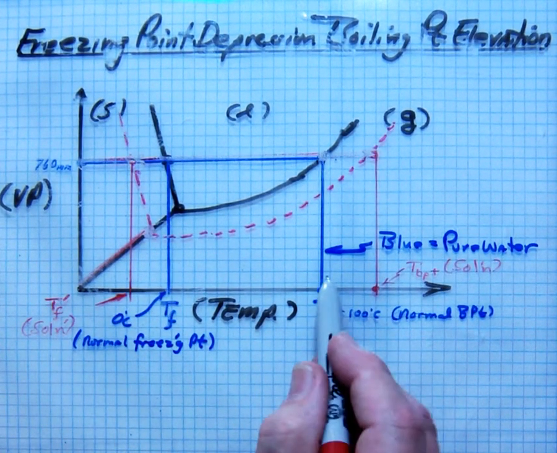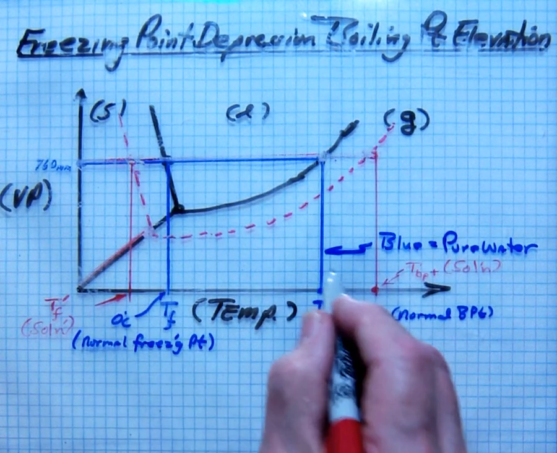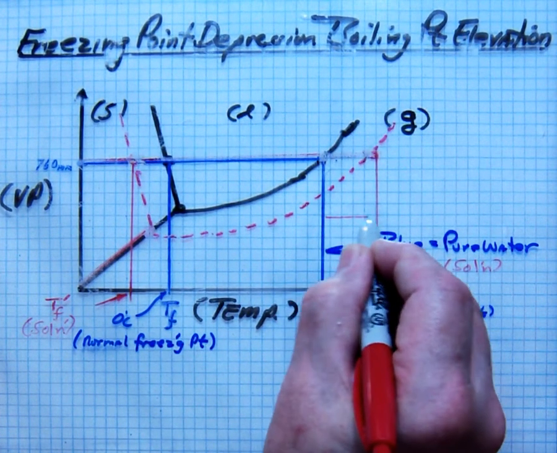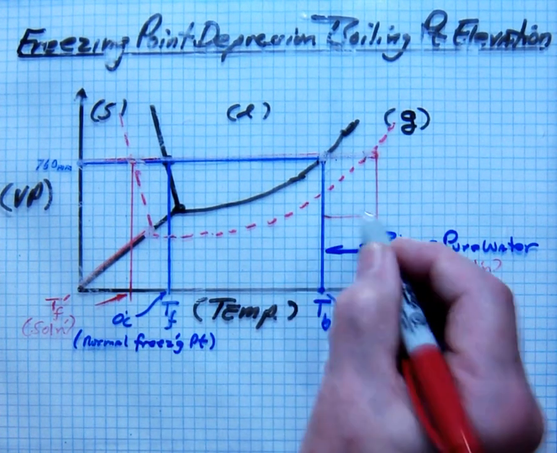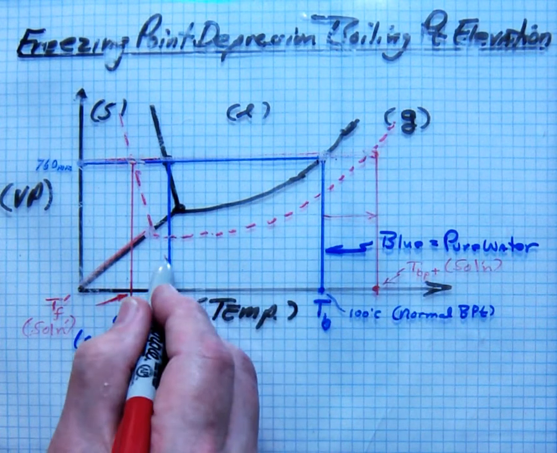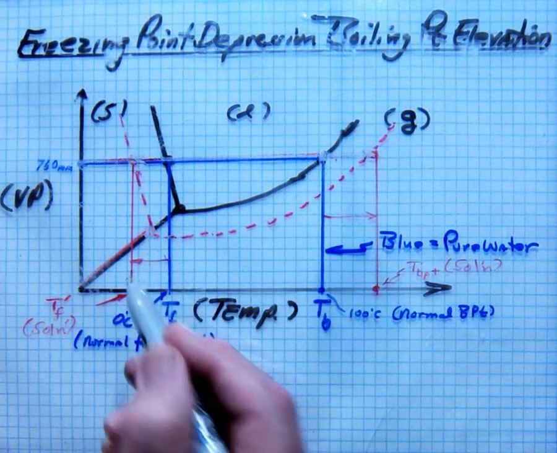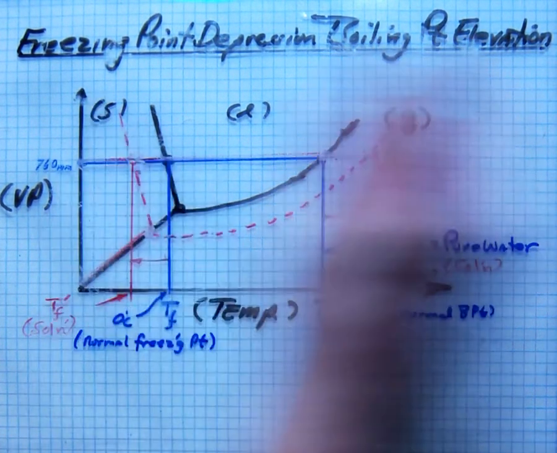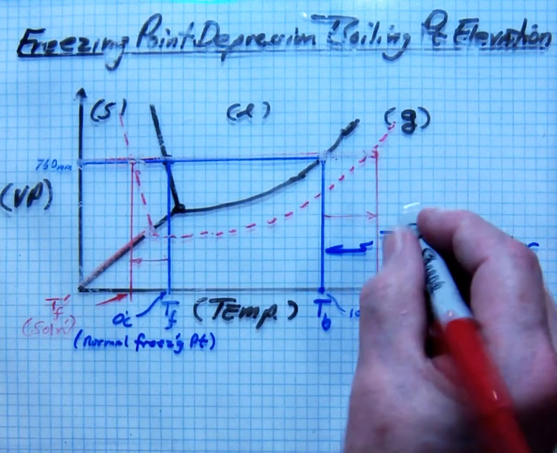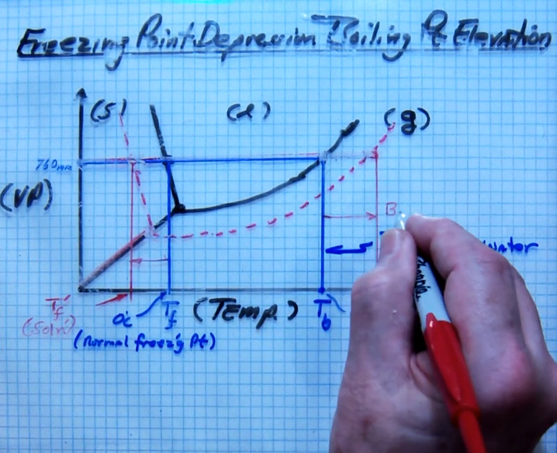And the event that shifts this upward in that direction or downward in this direction has a specific term, as we've got up here. This is boiling point elevation.